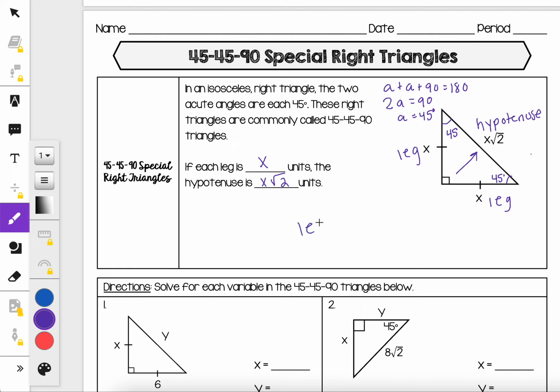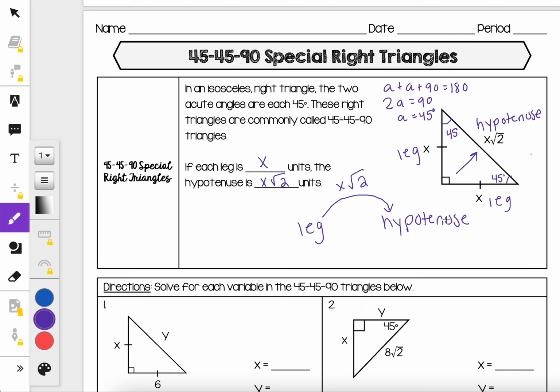Now, the way that I remember this is by using these little wheels. So I have a leg and I have a hypotenuse. If I'm given a leg, and I'm going to draw this arrow here, and I'm trying to find the length of the hypotenuse, I am going to multiply that length by the square root of 2. Okay?